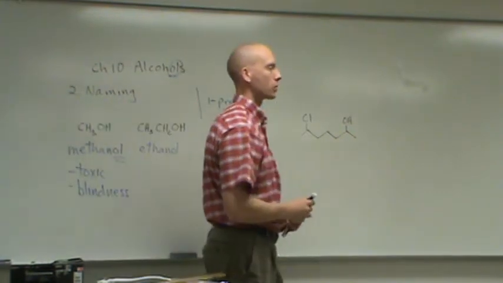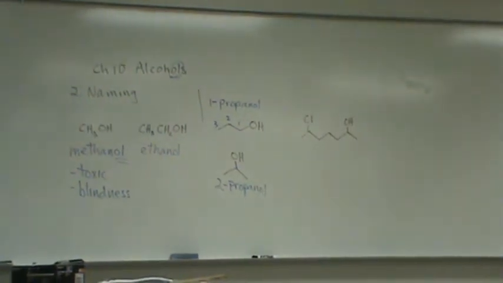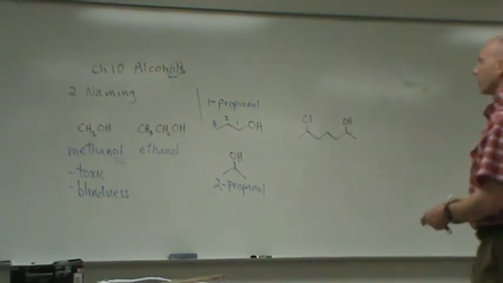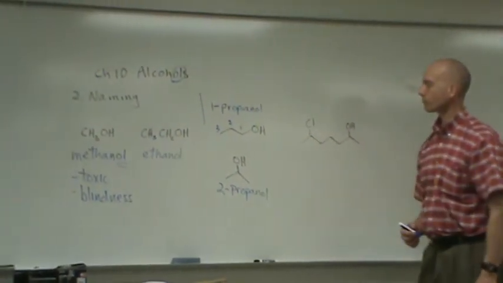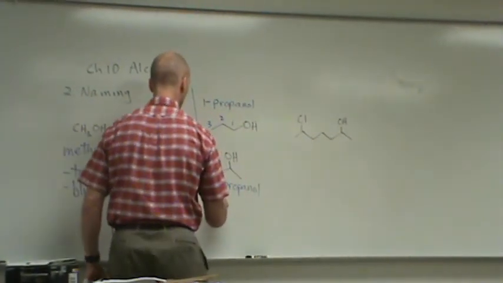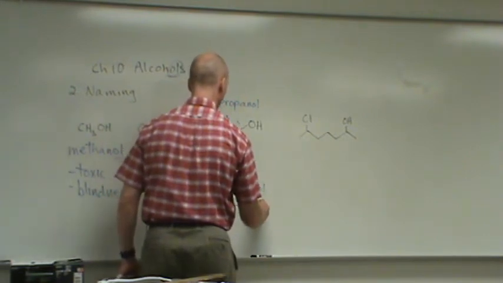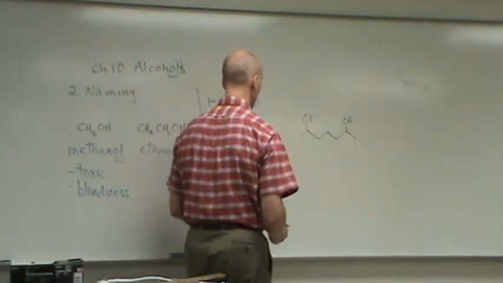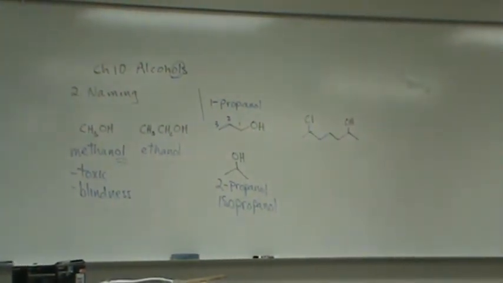So make a note of it, starting with 3 carbons, I've got to use numbers to tell you where they are. So these two are isomers of each other. This one down here is also called isopropanol, because the OH is on the isopropyl group.